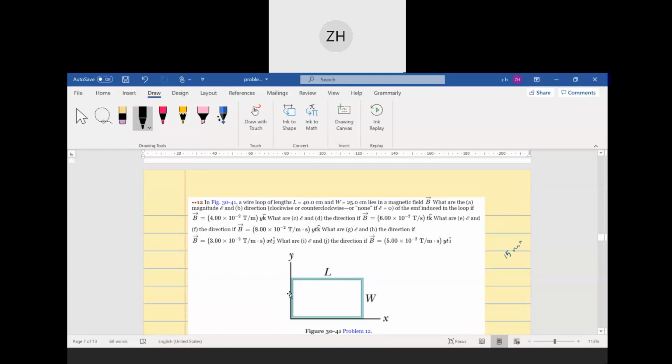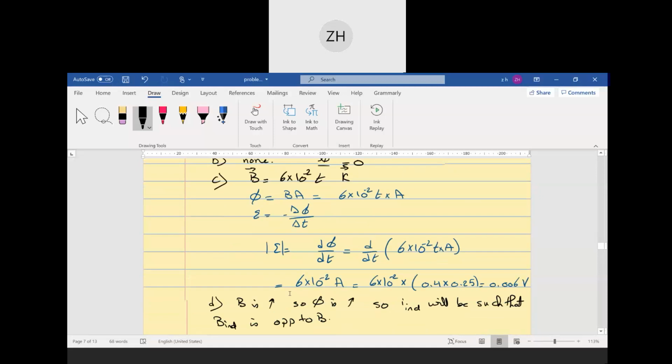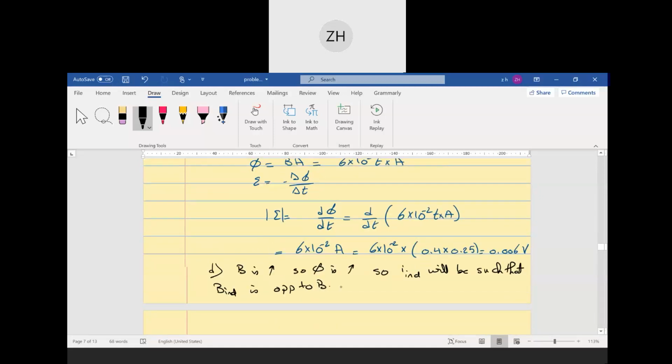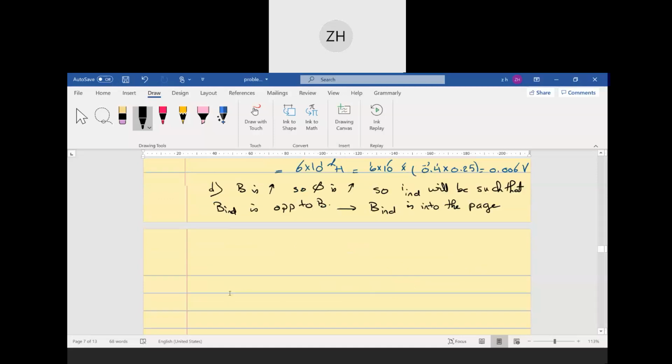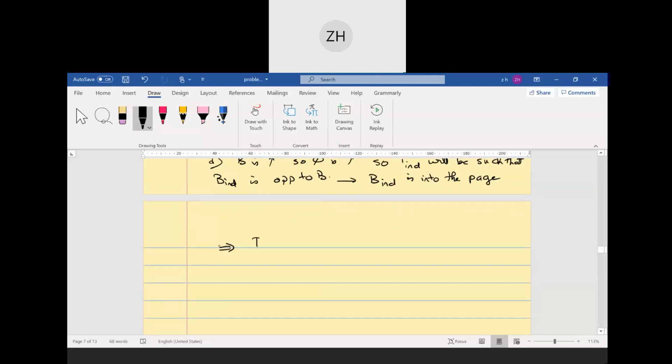And if we apply the right-hand rule, this means that I induced is clockwise, and so is the induced electromotive force.